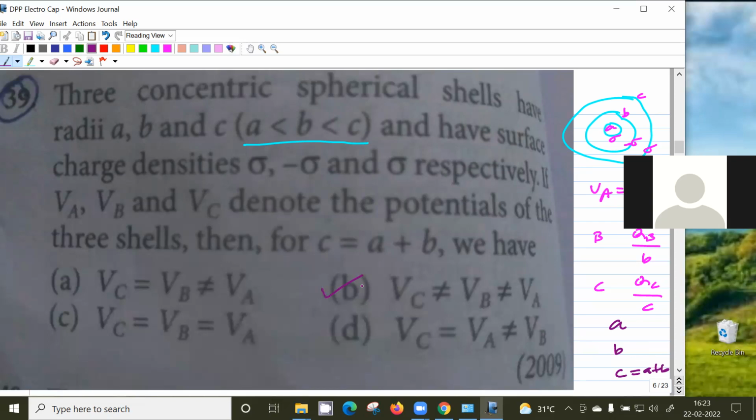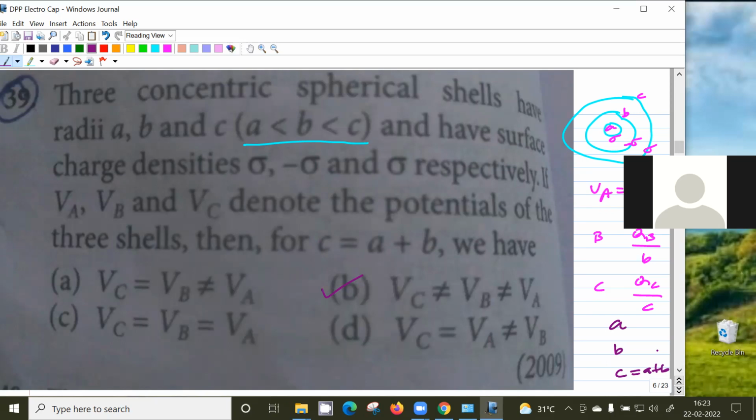Check the answer. Option B, sir. B, C equal to B.